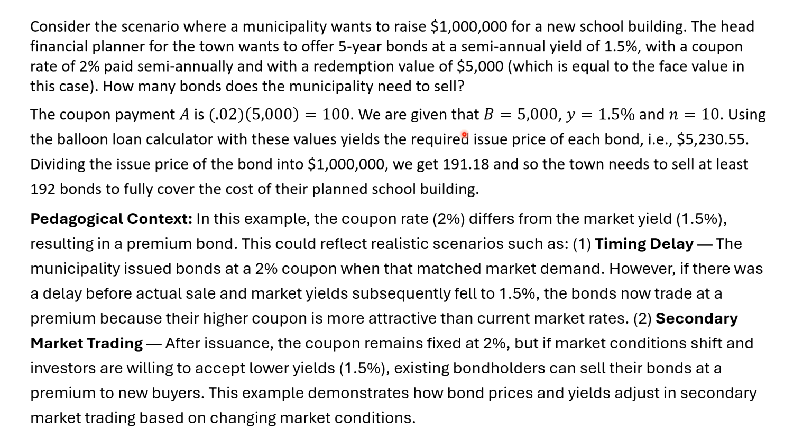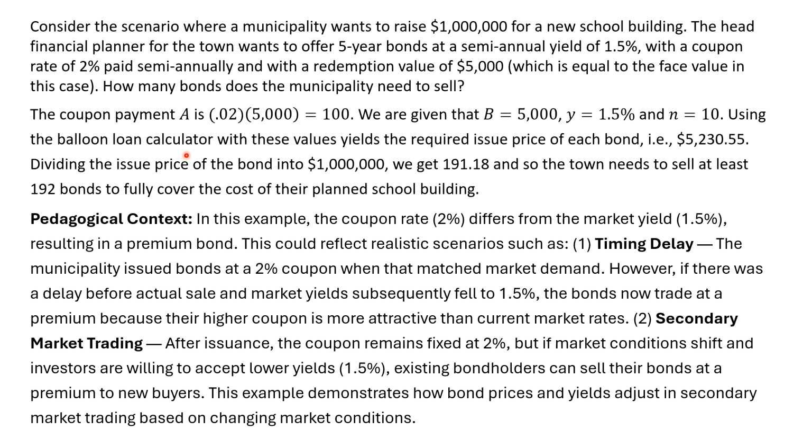Then we use our formula from the previous slide, and we plug in our numbers here, and we find out the price would be 5230.55, given this input. So we need to divide that number into a million to see how many bonds need to be sold to answer the question. We get 191.18, and so we need to round that up to the next number of bonds. So the municipality needs to sell at least 192 bonds to raise $1 million.